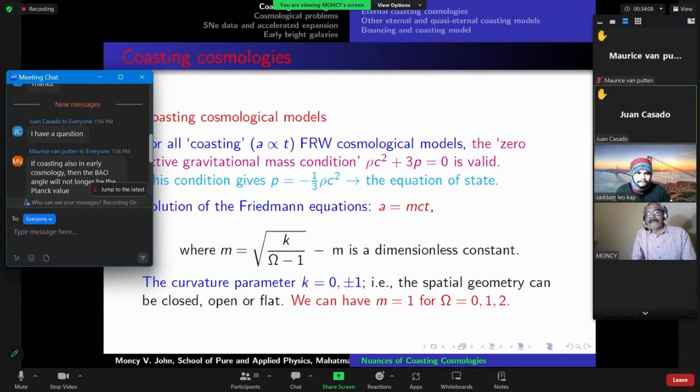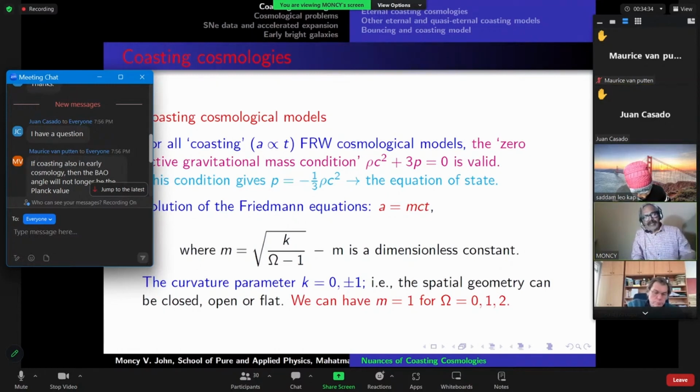Hi, Moncy. Could you comment on the possibility that the universe behaves as a huge black hole, whose mass is rising as its radius, as energy? Actually, that calculation contains very peculiar and very significant information.